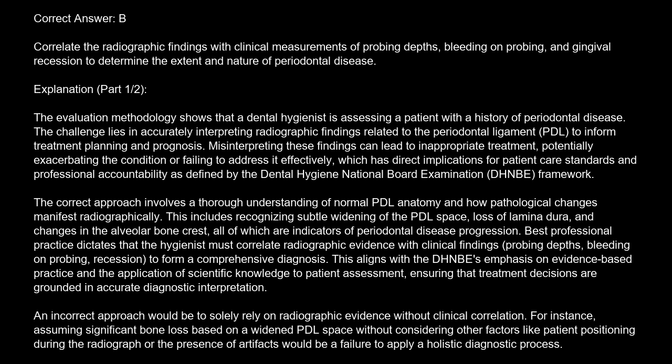Best professional practice dictates that the hygienist must correlate radiographic evidence with clinical findings, probing depths, bleeding on probing, recession, to form a comprehensive diagnosis. This aligns with the DHNBE emphasis on evidence-based practice and the application of scientific knowledge to patient assessment, ensuring that treatment decisions are grounded in accurate diagnostic interpretation.